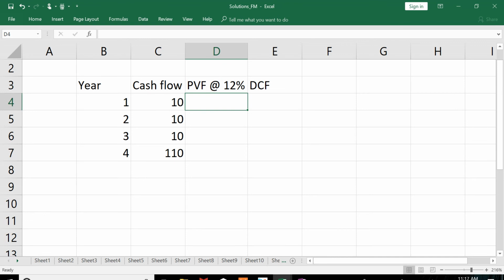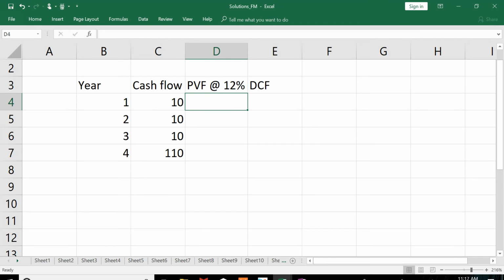Clear? Any doubts on this? Next, valuation of redeemable debt.